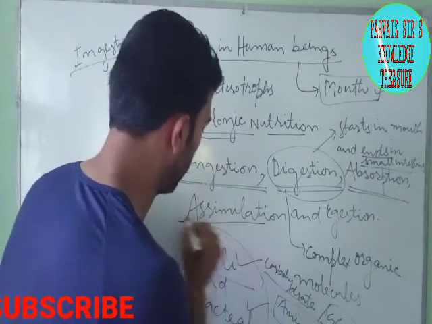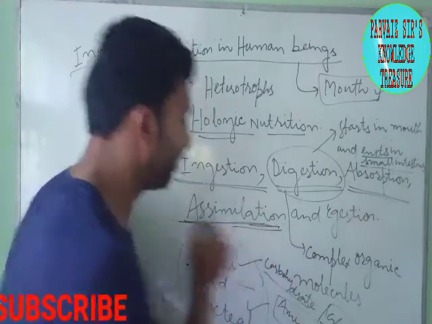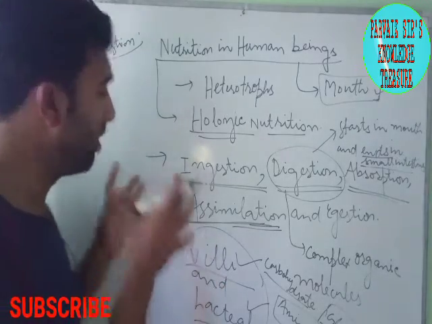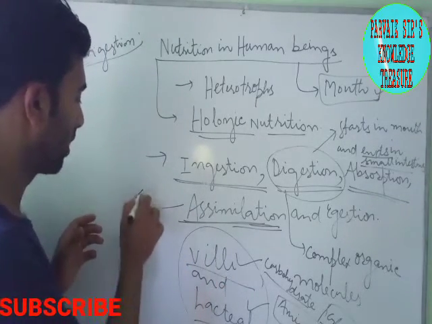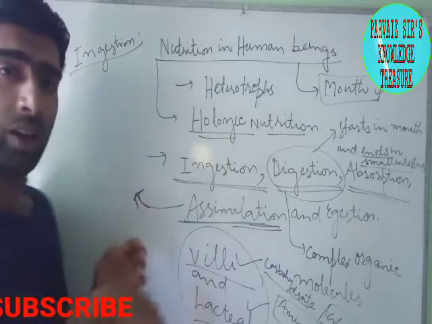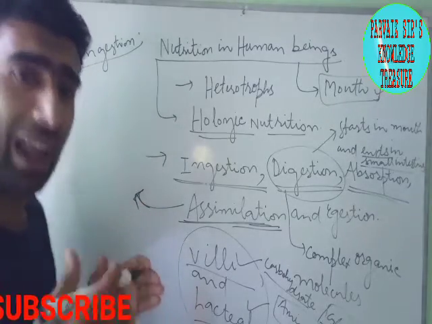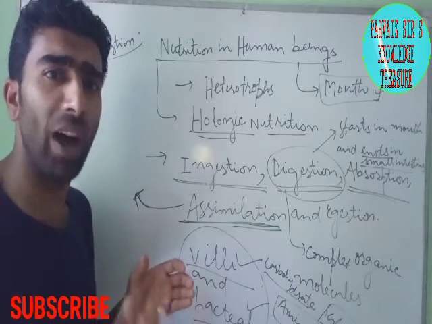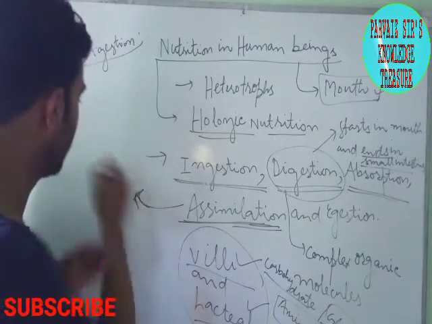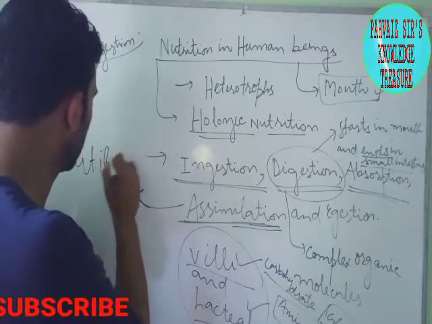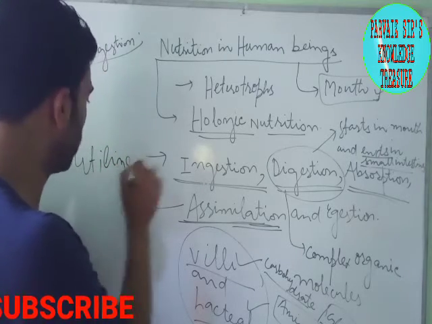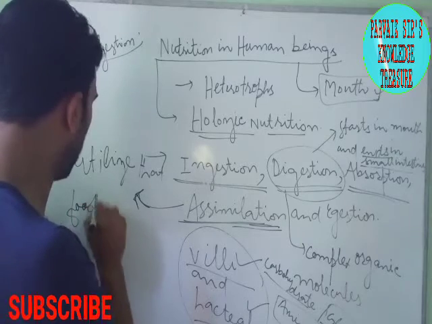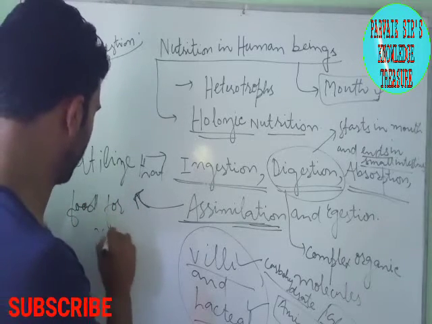Now, we will talk about assimilation. Assimilation is the process in which the food reaches inside the cells via blood, and cells utilize that food for various purposes.